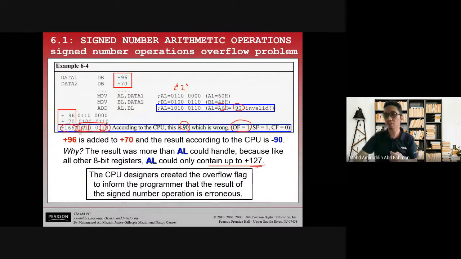If the result of the addition is more than 127, you cannot use AL. What you should use is a 16-bit register, for example AX. Then your result will be correct.